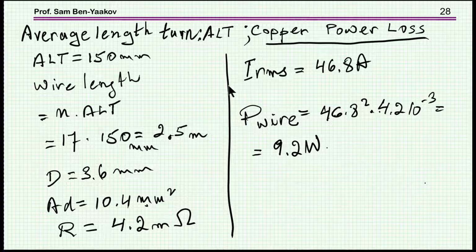Now I have an RMS current of 46.8, and therefore the conduction loss of the wire, just the conduction loss, is 9.2 watts.